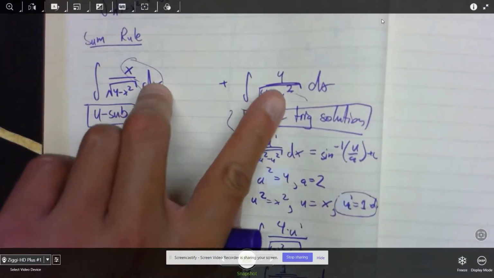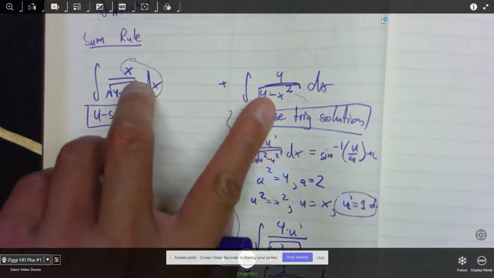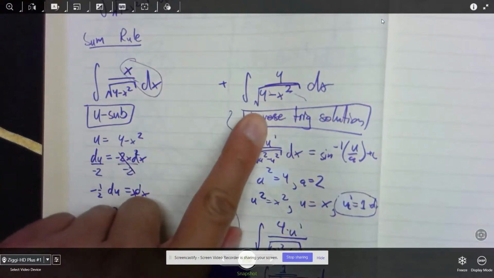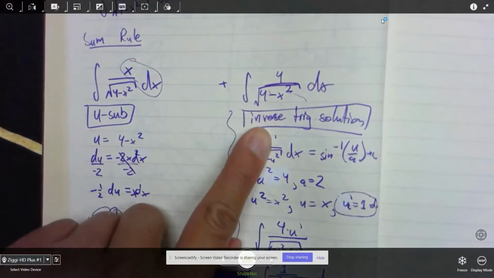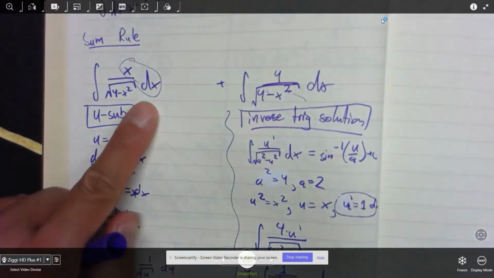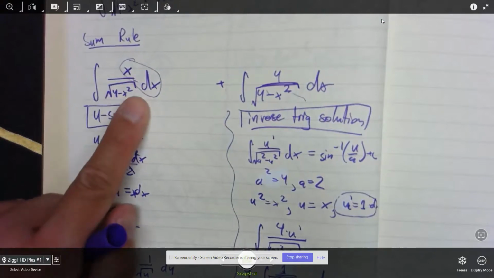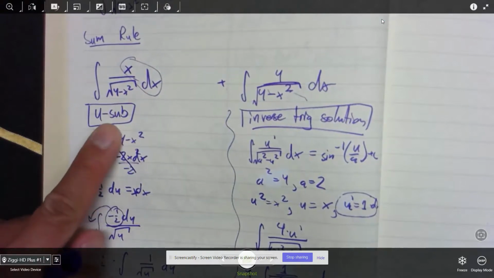It's a combination of the two. So we separated the variable and the constant, and in this constant here, you would use the inverse trig solution. And in this corner here, where we have a variable at the top that's 1 degree less than the variable at the bottom, that's going to indicate that you use substitution.